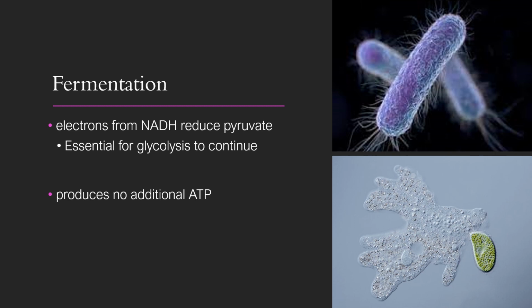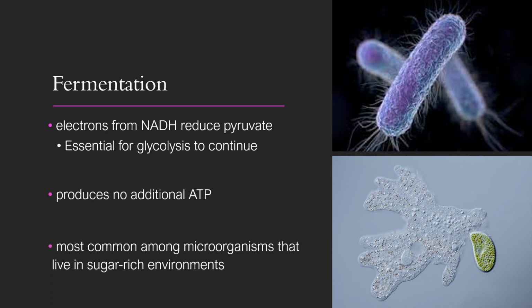Not surprisingly, fermentation is most common among organisms that live in sugar-rich environments where food is essentially unlimited. Many of the microbes that live in human intestines make their entire living by fermentation. One example is a disease-causing protozoan, an amoeba, this one, that causes a form of dysentery in humans.